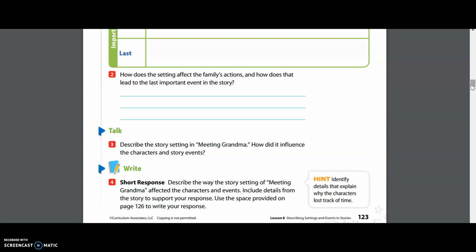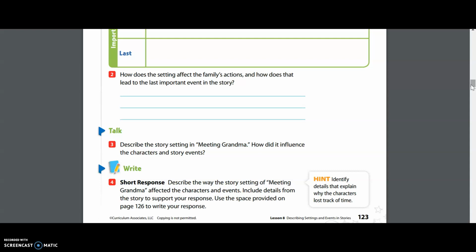So this is almost like a part A, part B question, because for you to get this right, you had to get the correct last event. So just a hint, and this is going to help you double check what you have. For my last box, I put, after her plane lands, the worried grandmother finds the family in a restaurant drinking smoothies. So if that's our very last event, I want you to answer question number 2.